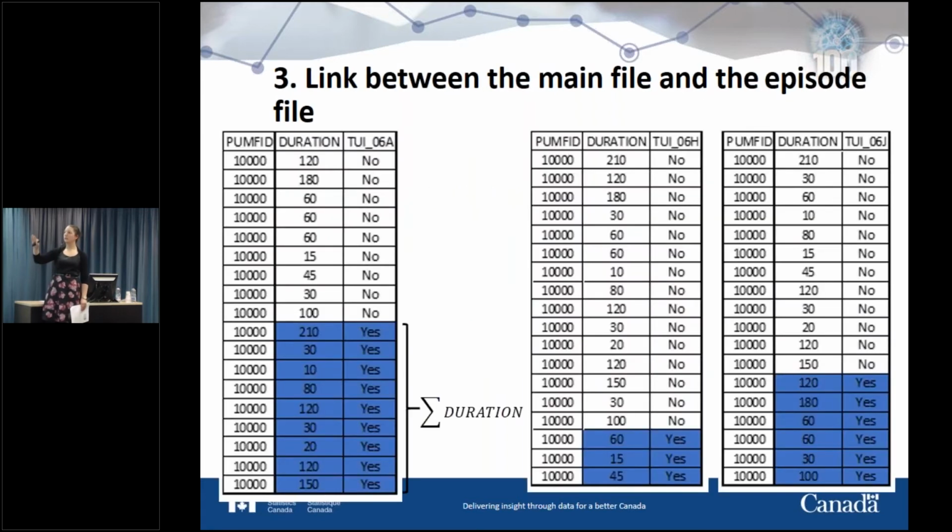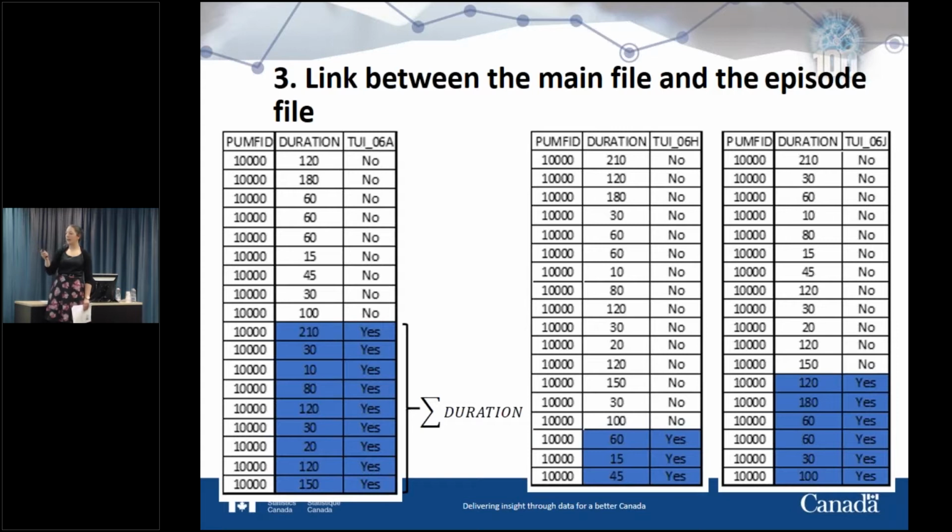Finally, we can do the same for social contact, but this time we have to do the sum for each TUI06 variable, from A to J, and all the values would be the values for the DURS variables. Again, if we take our example, our respondent had 3 different social contacts during his day.